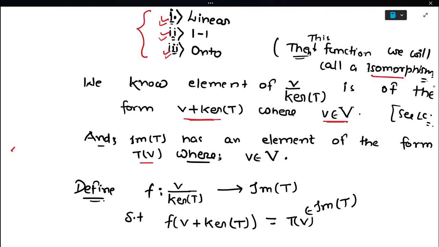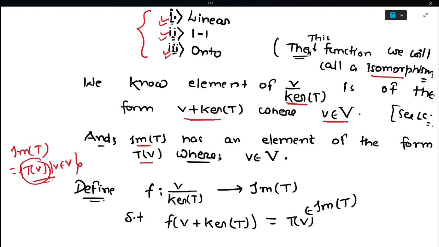Image of T is the collection of T of v such that v belongs to V. So we have a domain V by kernel of T and codomain image of T, and we need to construct a function from this set to this set.